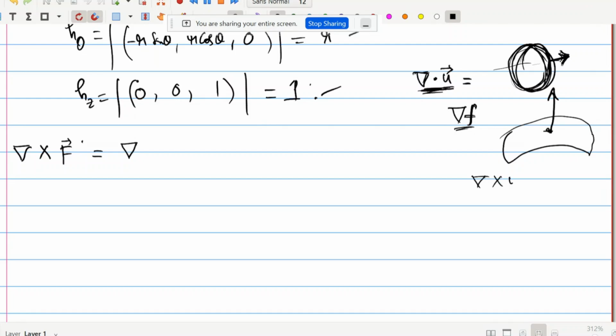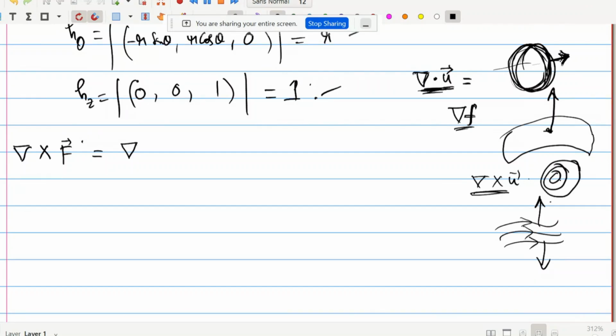Del cross U means it's perpendicular to this U. It may be in this direction, or a perpendicular direction if it is three dimensions. For example, your flow is like this.